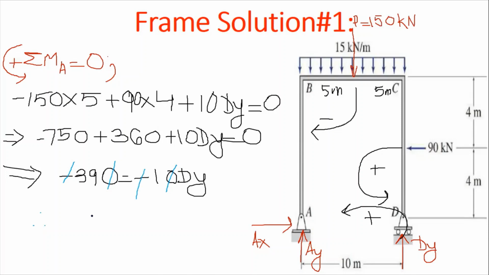So let me check it again: 150 into 5 minus 750 plus 90 into 4, divided by 10. So it is coming out 39. So dy is coming out to be positive 39 kilonewton. So we get the support reaction dy.